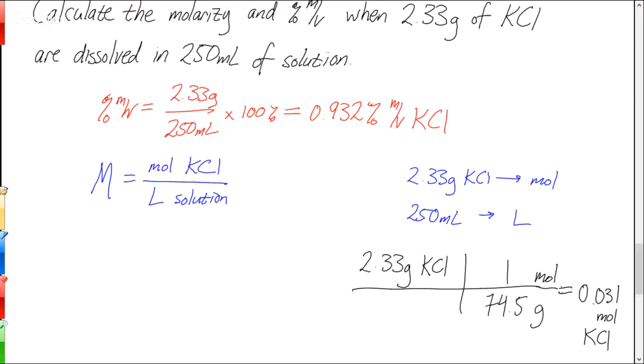Okay, so now we've got our moles. And then on the denominator, we're going to have our solution in liters. It's 250 milliliters, which we convert to liters by dividing by 1,000. So 0.250 liters.